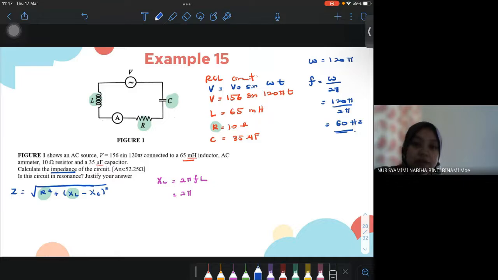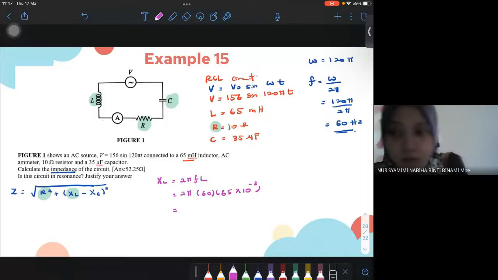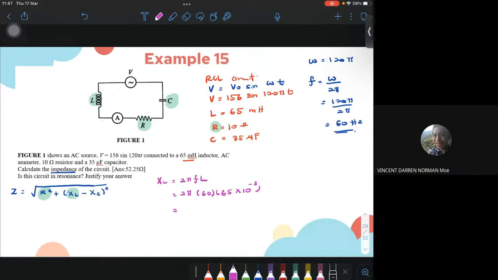So this is the frequency. Kita balik the equation, inductor ialah 65 milli, exponent negative 3. So berapakah XL kita? 24.504.